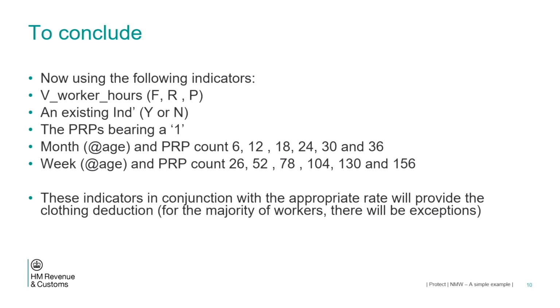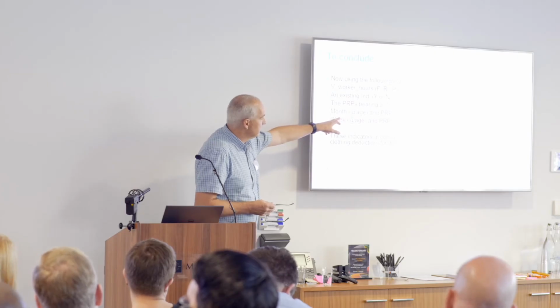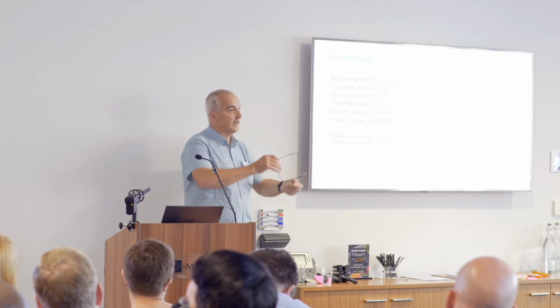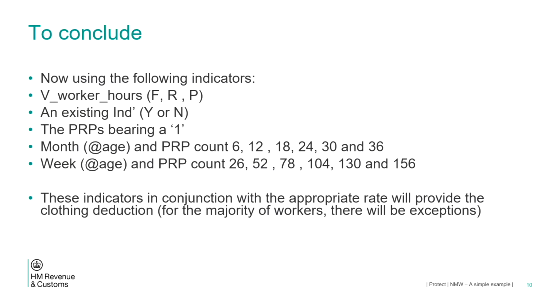So then we've got the month. We can determine the month because of the age. Remember the difference numbers, so we've either got 6 for a weekly or 29, 30 or whatever for the monthly ones. So then this combination of the month, the pay reference period and account.